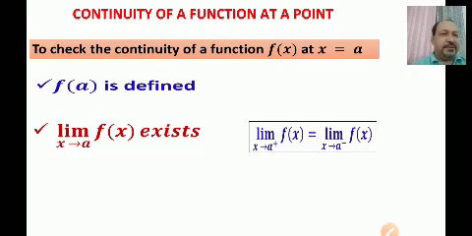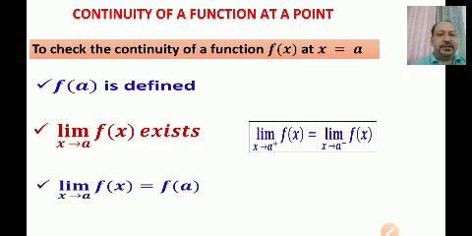Both should be equal. And the third condition, the limit as x goes to a of f of x should always be equal to f of a. These are the main important conditions of continuity of a function at a point.